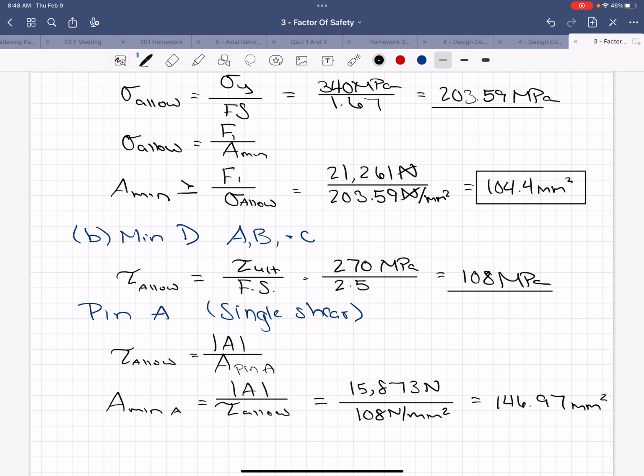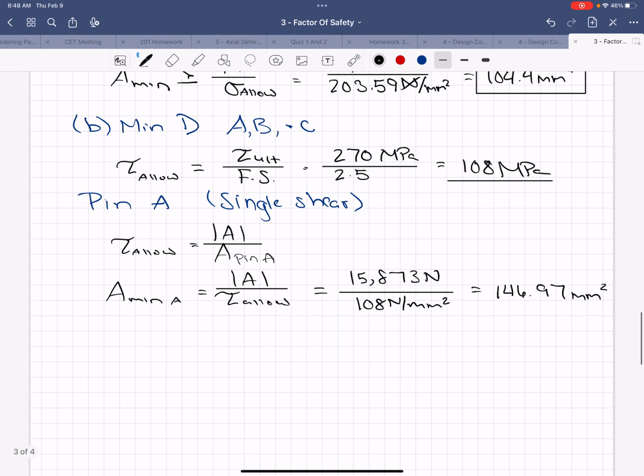So the minimum diameter of pin A then. The area of pin A equals pi over 4 d of A squared.